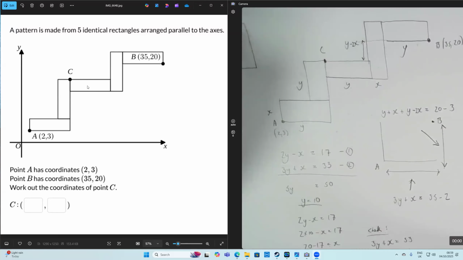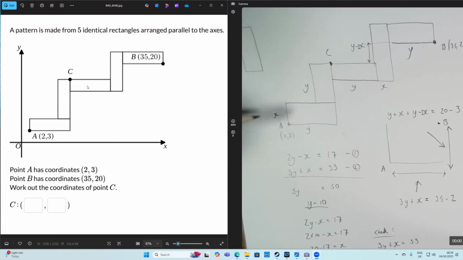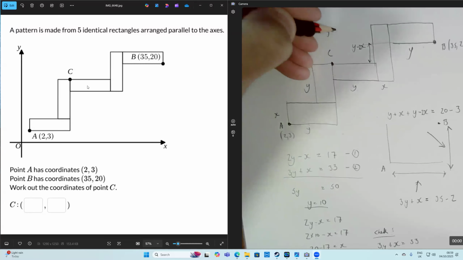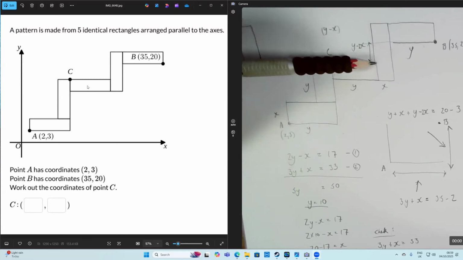Perfect. Now let's consider the same thing in the vertical. We're going from the y value of 3 to a y value of 20, so let's see what happens as we go up. We've got an x here, we've got a y there. Now this is the problematic one. When I first looked at this question, I mistakenly wrote down y minus x, because I thought this length here is a full y and I've got to take away an x.